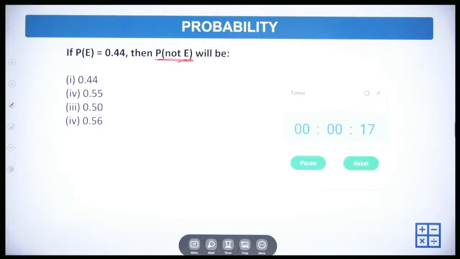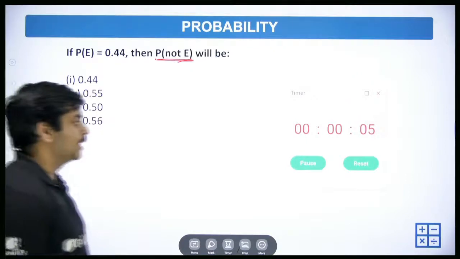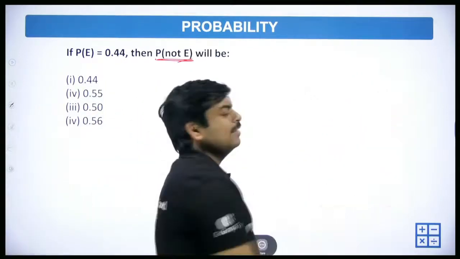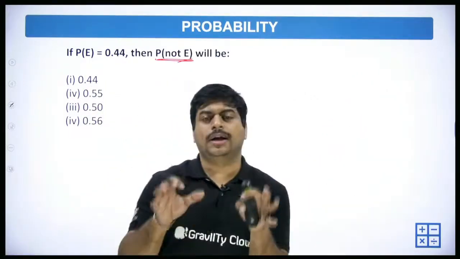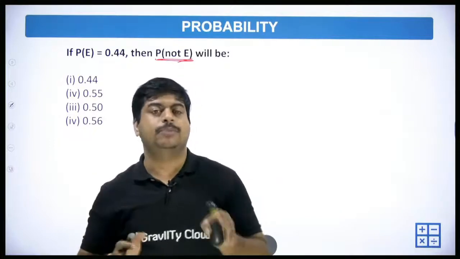Right, the last 5 seconds, let's try to solve this one. Whenever we talk about occurrence and non-occurrence, the total probability should be 1.